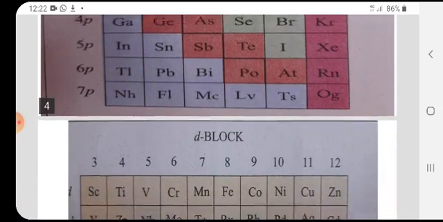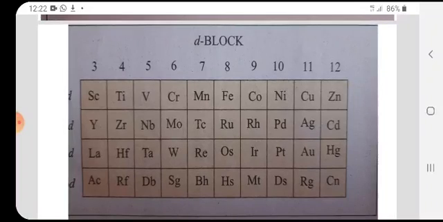Next we see the D block, in the center of the periodic table. These are characterized by the filling of inner d orbitals by electrons and are therefore referred to as d block elements.